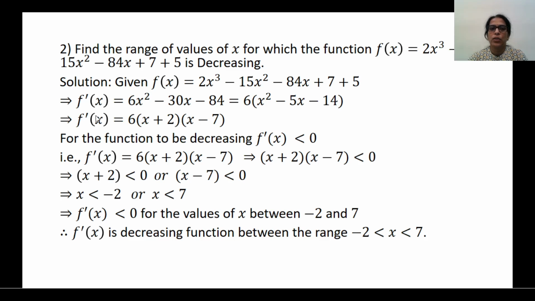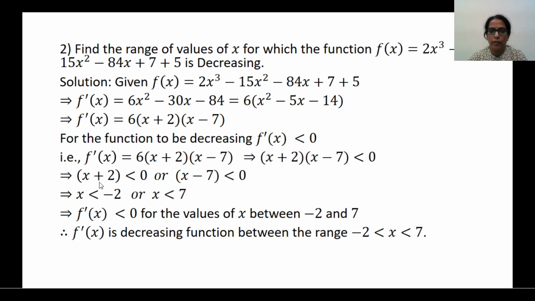Since you have to find out the range for the decreasing function, f dash of x must be less than 0. So f dash of x is 6 into x plus 2 into x minus 7, which is less than 0. So this must be less than 0, which means either x plus 2 is less than 0 or x minus 7 is less than 0.